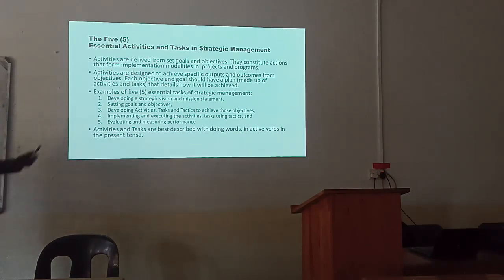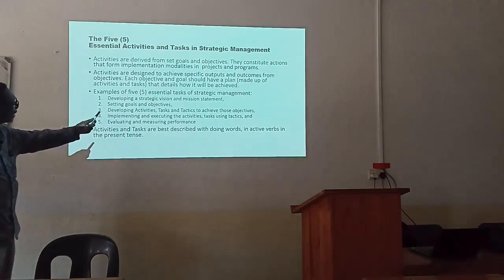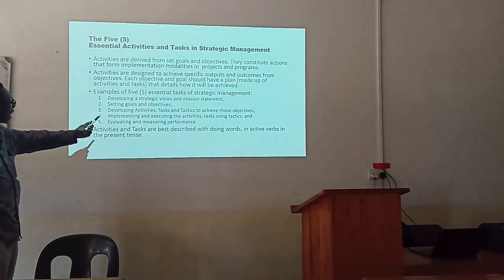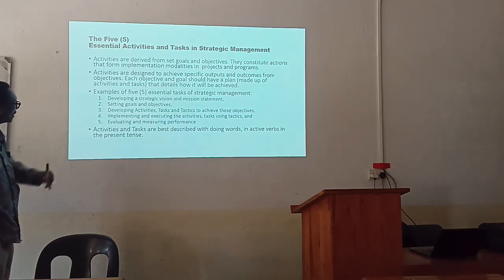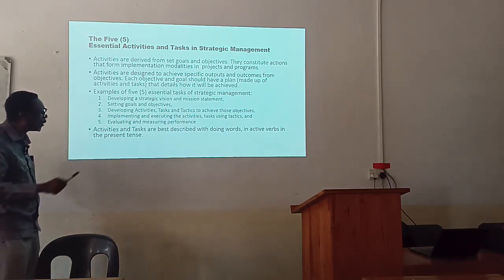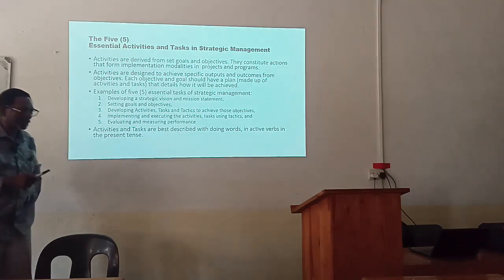Examples: developing a strategic vision and mission statement, setting goals and objectives, developing activities, tasks, and tactics to achieve those objectives, implementing and executing the activities and tasks using tactics, and evaluating and measuring performance. Activities and tasks are best described with doing words, an active verb in the present tense.